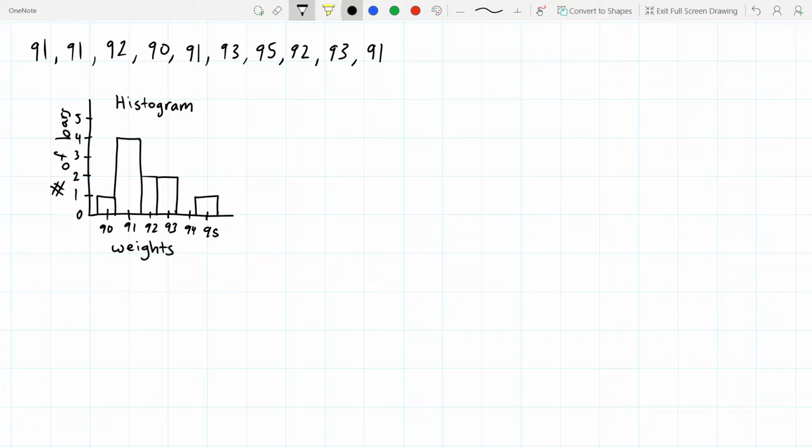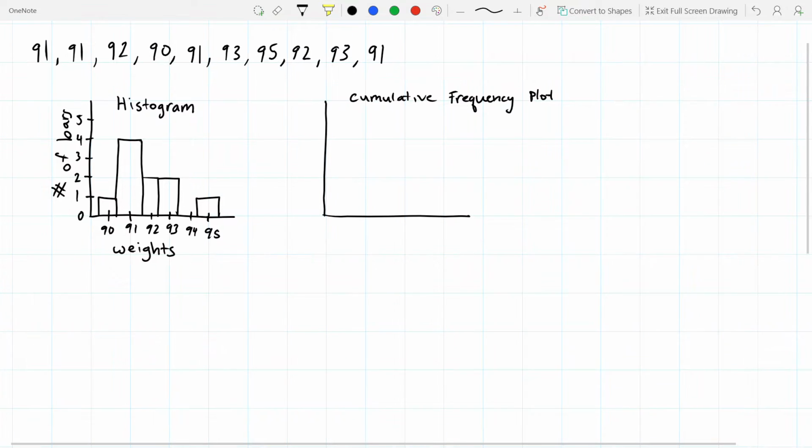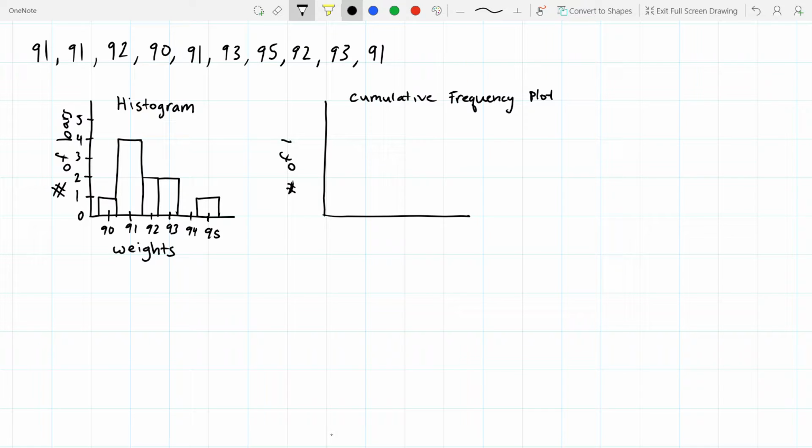Okay, so now I want to draw something different called a cumulative frequency plot. So let's draw a different graph. Okay, so I'm going to go through drawing a cumulative frequency plot, and I think you'll get the idea pretty quickly. Okay, so again, on the y-axis, we're going to put number of bars.